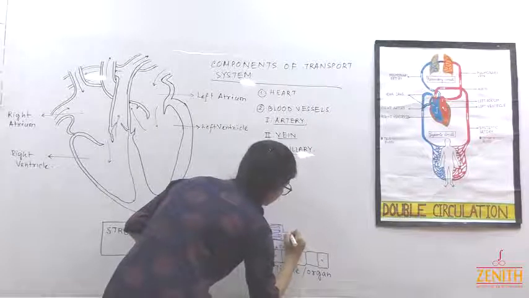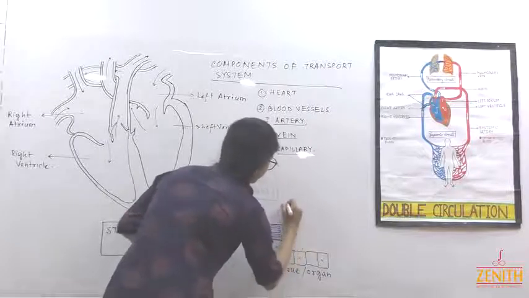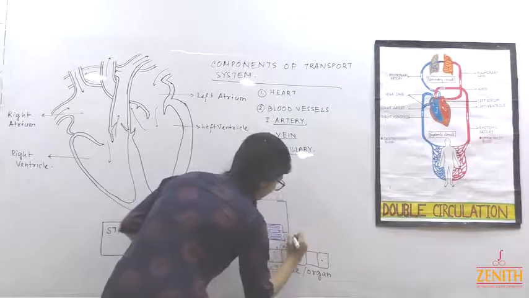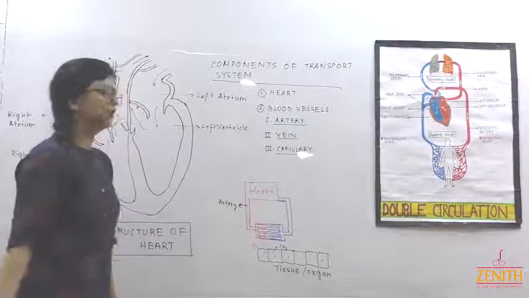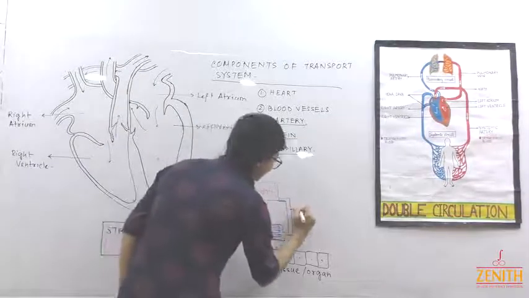These venules will join and form a vein. So we can write, this is the vein.